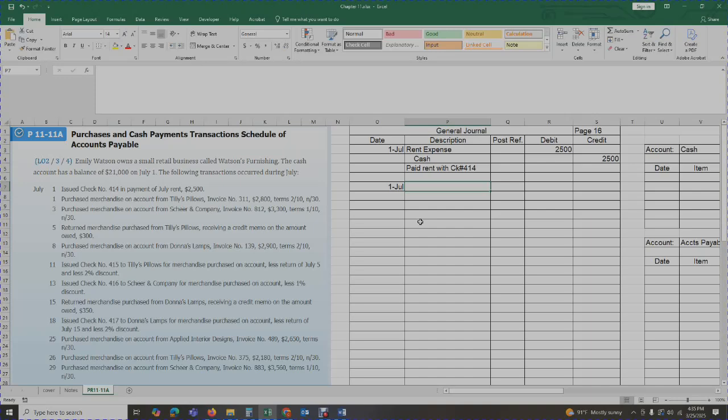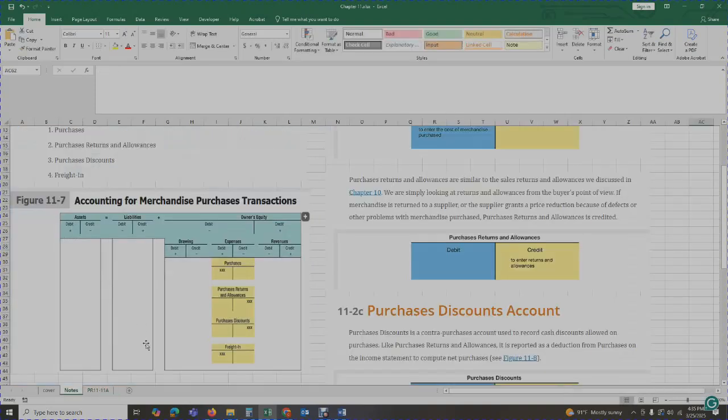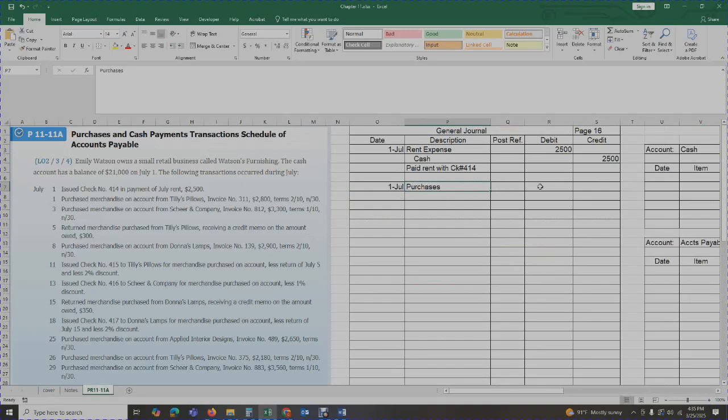So what did we get? Well, we made a purchase, so we're going to debit purchases. Remember, purchases gets debited. The amount of the purchase is $2,800. And we purchased merchandise on account, so that means we owe money.